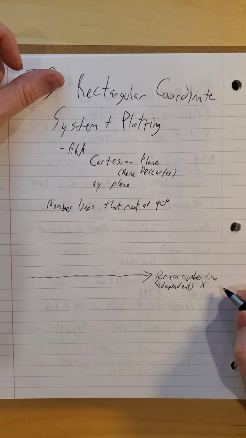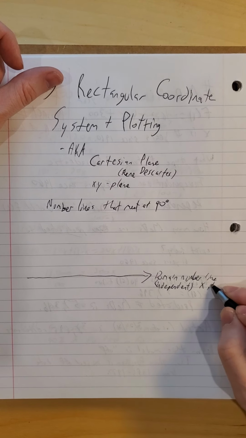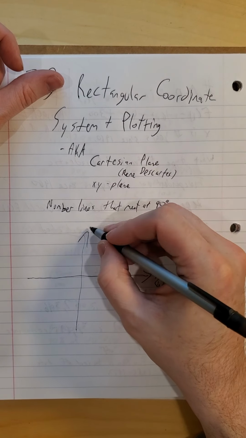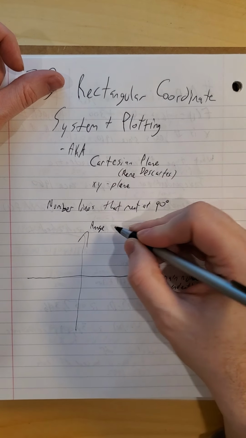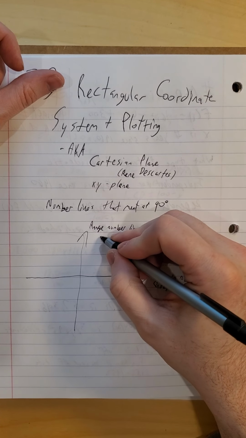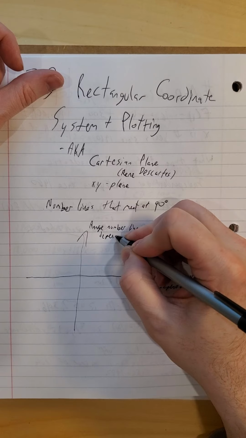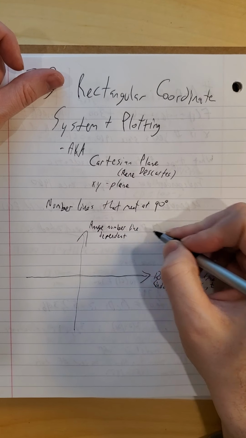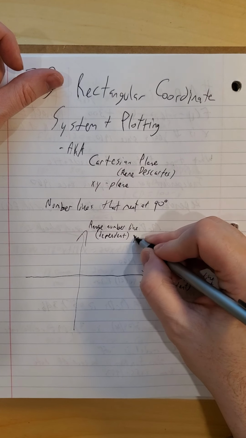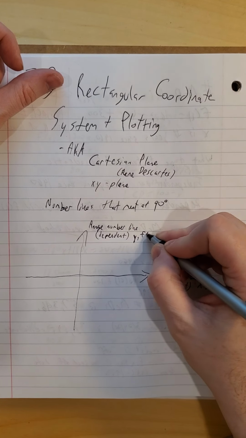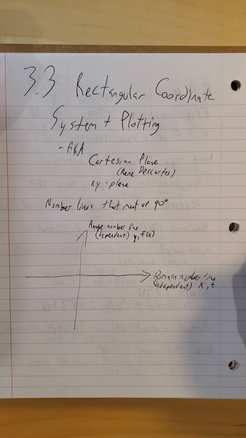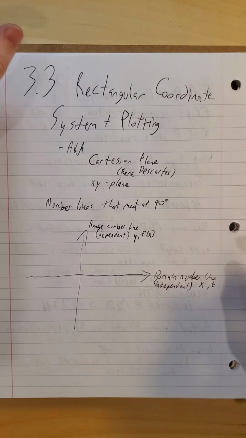Generally X, but occasionally also T. And the vertical number line is your range number line. So that's your dependent variable. And generally that will either be a y or an f of x or something specific to the problem that you're working with. But really that's all it is.